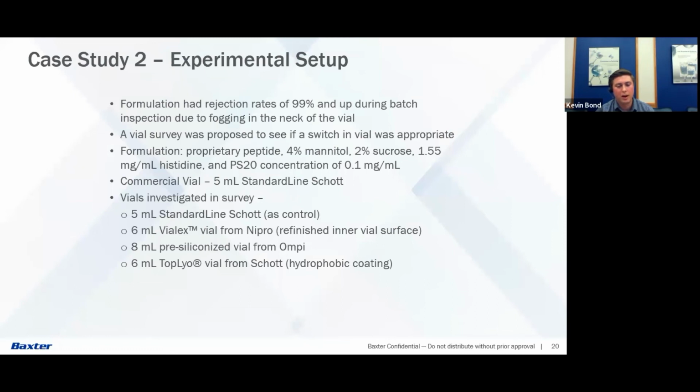And the other 3 vials were a 6 milliliter Vialex vial from Nipro, which has a refinished inner glass surface, an 8 milliliter pre-siliconized vial from OMPI, and a 6 milliliter top lyo vial from SHOT, which has that hydrophobic coating that we've talked about before.